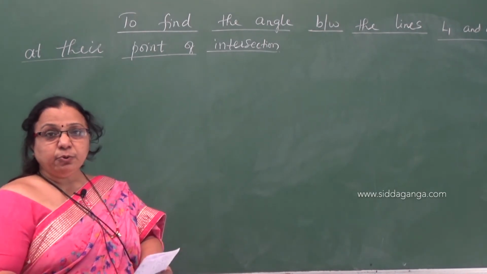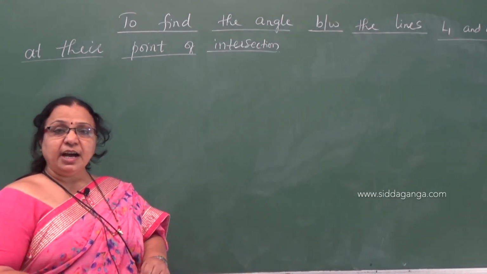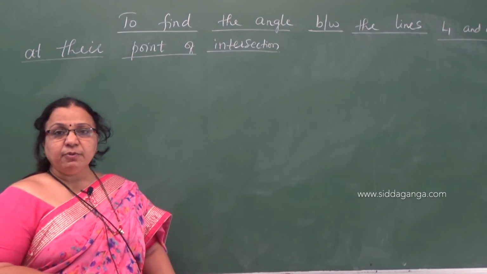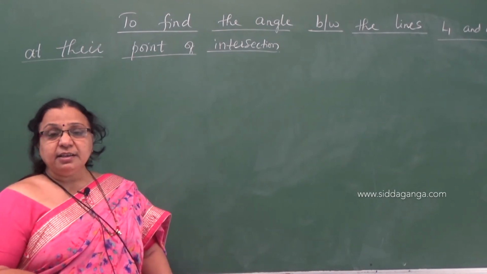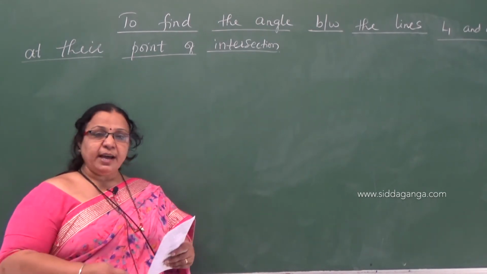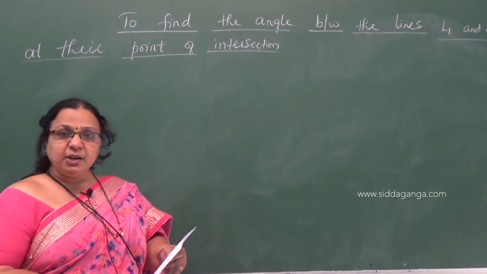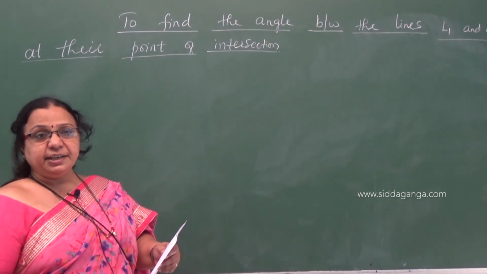So we will have two angles. One is acute angle and another one is obtuse angle. When we add those two angles, it will be equal to 180 degrees.